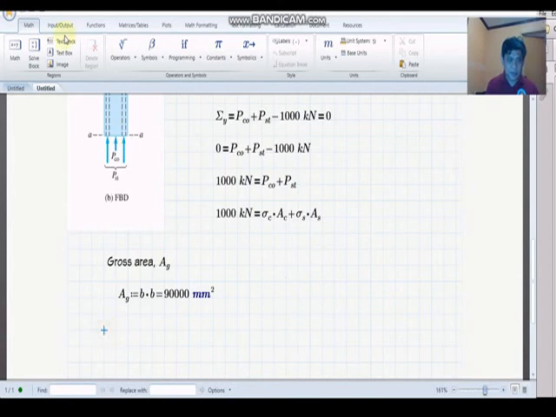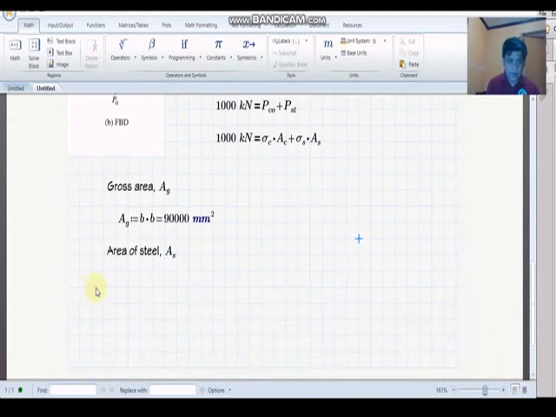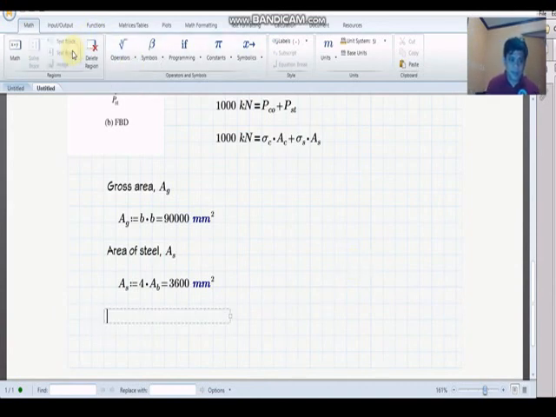Let's solve for the area of steel. Since we have 4 bars, our area of steel is equivalent to 4 times the area of the bar, which gives us 3,600 square millimeters.